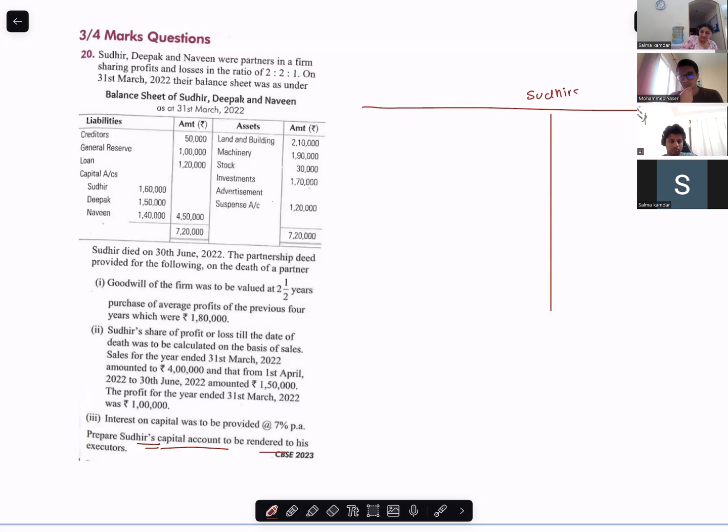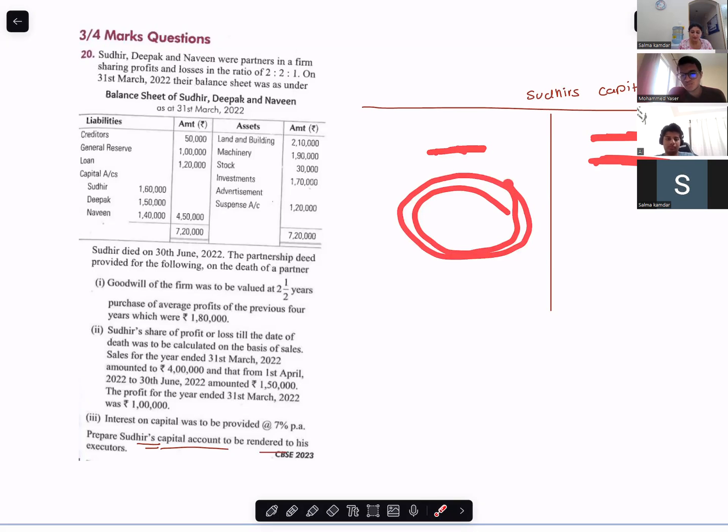On the debit side, we'll write all three partners' capital amounts. The balance of capital will be over here. Any undistributed profits or losses will be over here. Undistributed loss will be over here. And whatever is the balance amount would be given to his executor.